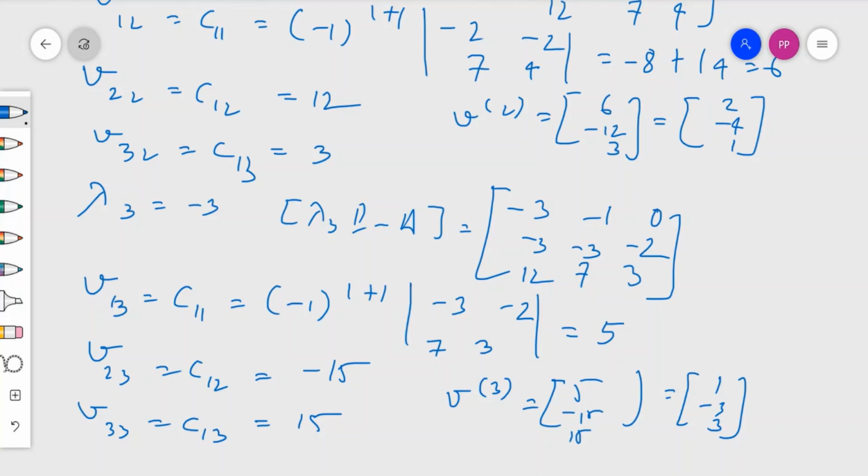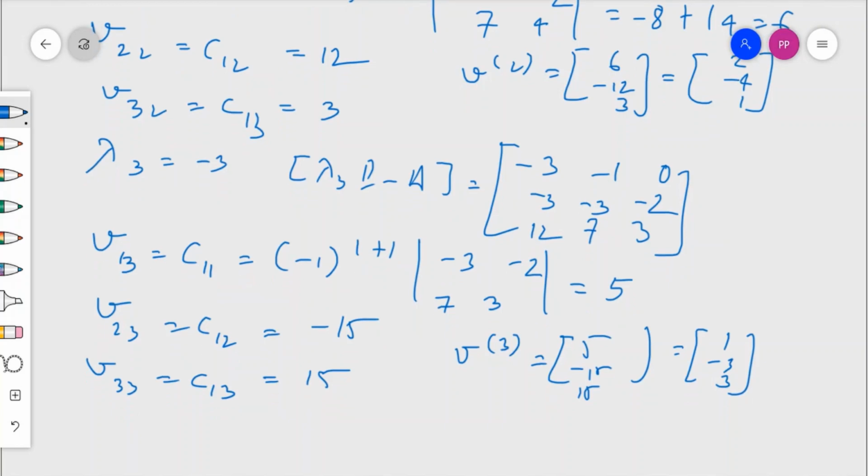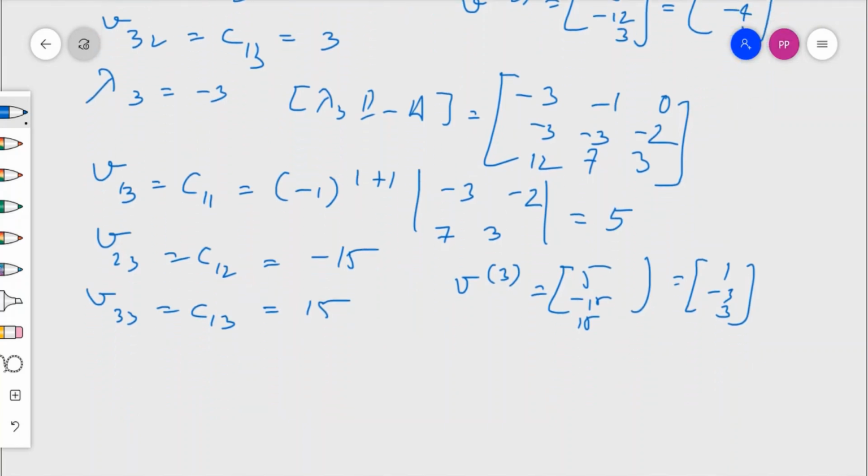So therefore we can find the eigenvector matrix, which is the same as V, and this is equal to V1 is 1 minus 1 minus 1, and V2 is 2 minus 4 1, and V3 is 1 minus 3 minus 3.